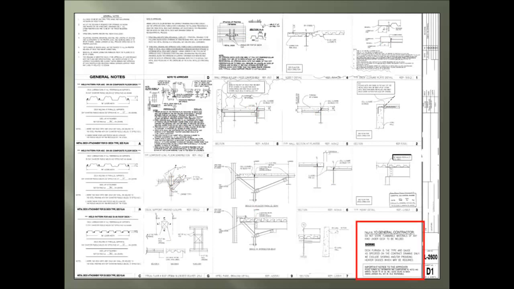We see some more notes here to both the general contractor about the field installation and approver. And lastly is the information bar where the project, subcontractor, design team would be listed, plus the sheet callout number at the bottom right corner.